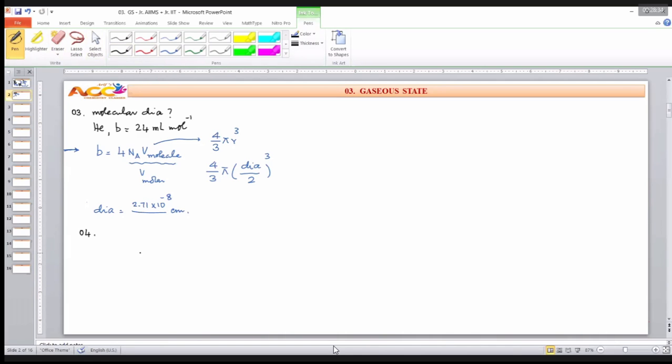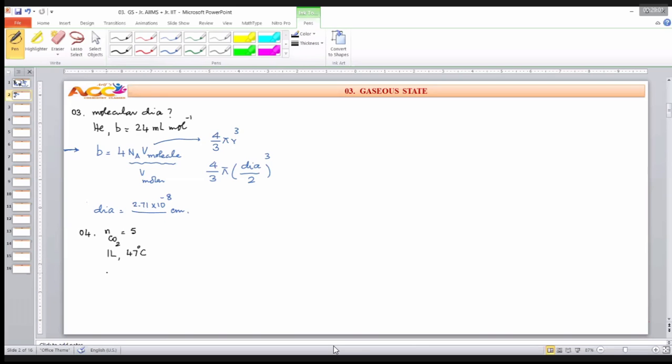Calculate the pressure exerted by 5 moles of carbon dioxide. What should I write here? Number of moles of carbon dioxide is 5. Okay. In 1 liter, very good. Volume is 1 liter. Next, he is saying that at 47 degrees centigrade, no problem, sir.